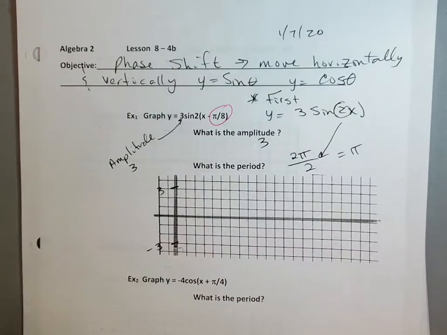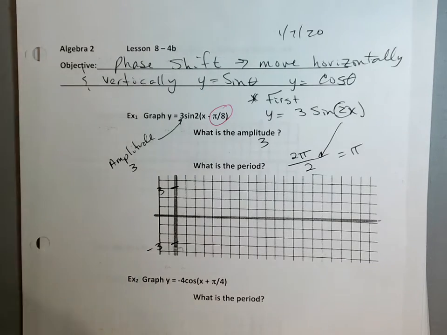So here's what I know. I need one graph in pi, and my second graph in another pi. So I get 2 curves, okay? So when I'm thinking pi's, it's not pi thirds or anything like that. So let's just put down our normal stuff like our 0, our pi fourths, our pi halves, 3 pi fourths, and we'll get pi, okay?